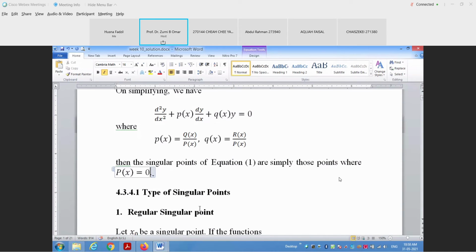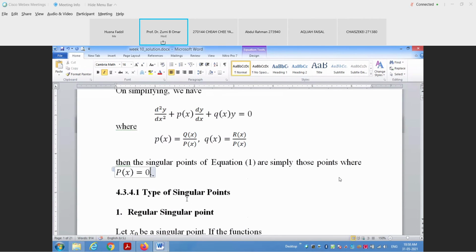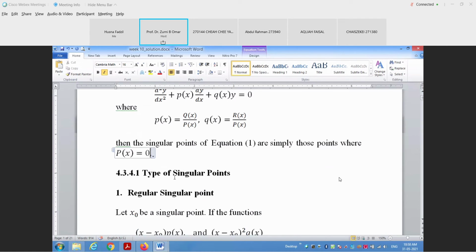There are a few terms here that you need to know. Now we have types of singular points. We're talking about singular points, and there are types. Now we will learn the types of singular points. There are two types.